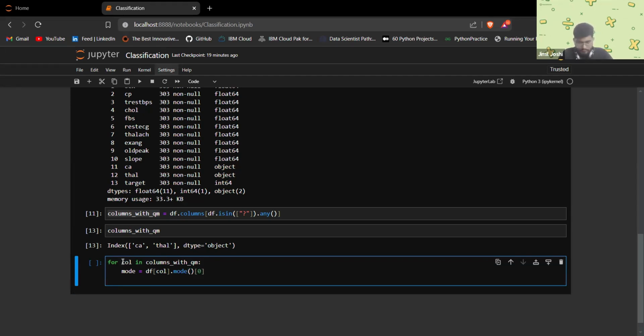Then df.loc, wherever we are able to see any of these question marks, you need to replace it with the mode of it, right? So if any column has this value, you can replace it with the mode of that particular column. Okay.